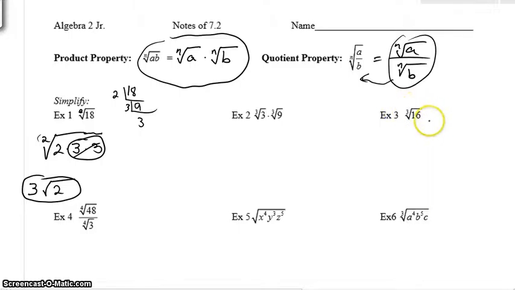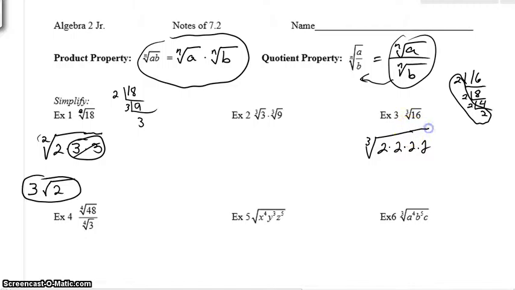This is a third root. We should break 16 down with a division tree. 2 goes into 16 8 times, 2 goes into 8 4 times, and 2 goes into 4 2 times. So you can see very nicely our prime factorization. 16 is 2 times 2 times 2 times 2, 4 2's all in a row.